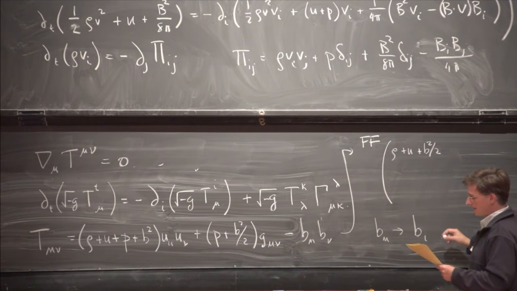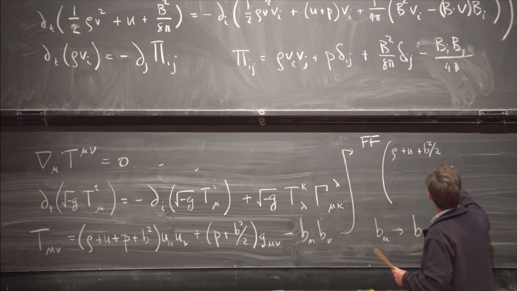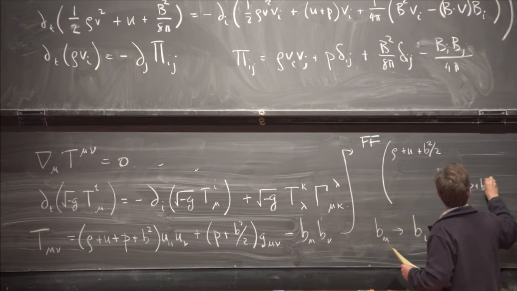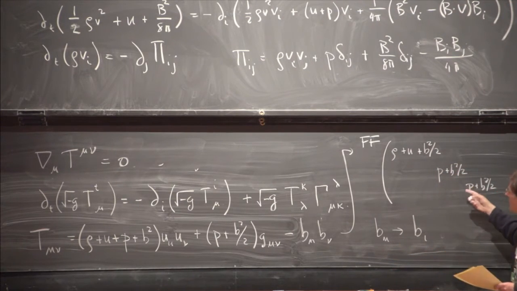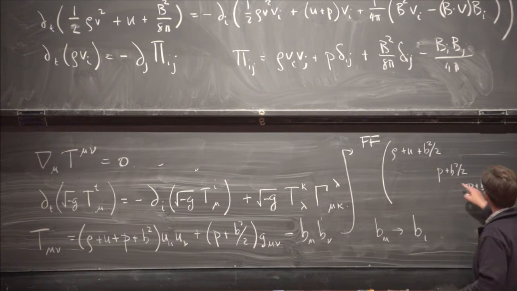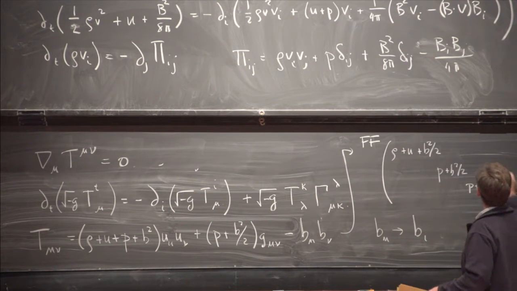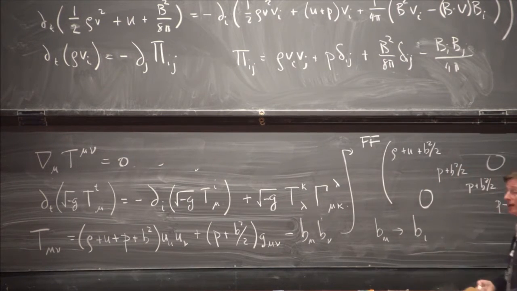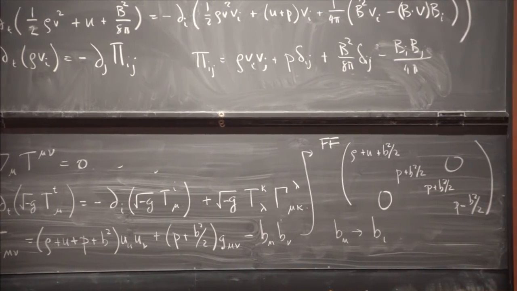Okay. And then there are additional terms. And I'm going to orient this so the magnetic field is pointing along the third axis. And then these terms reduce to pressure plus b squared over 2. And the final entry is pressure minus b squared over 2 in the direction pointing along the magnetic field.